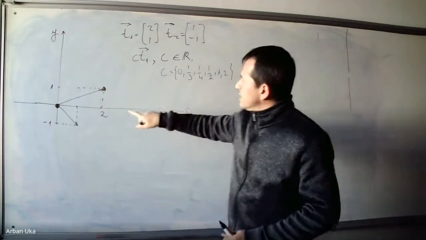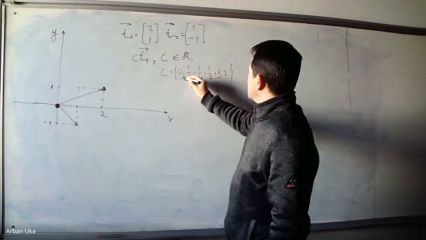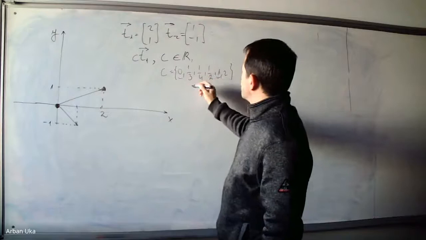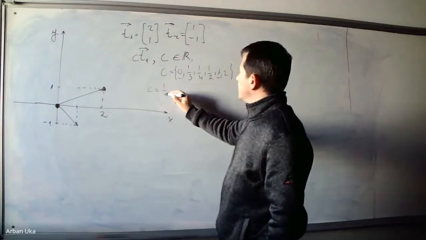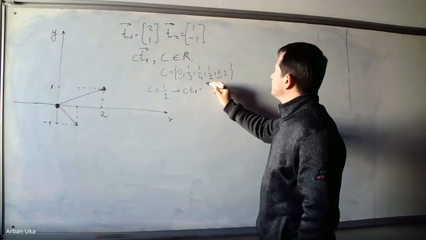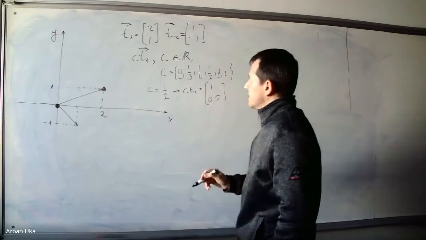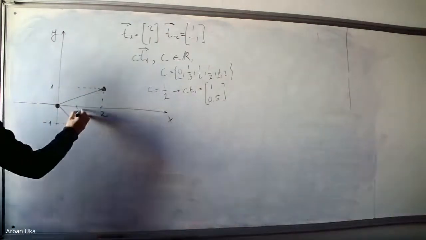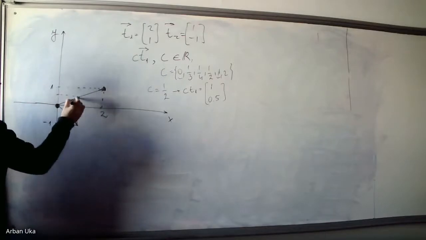When C is equal to 1/2, CT1 is equal to (1, 0.5), which is a point somewhere here.